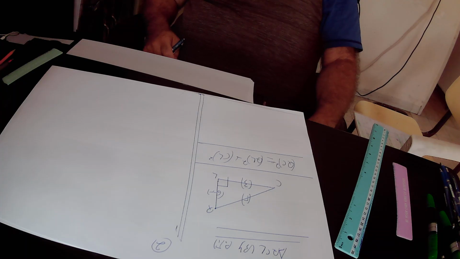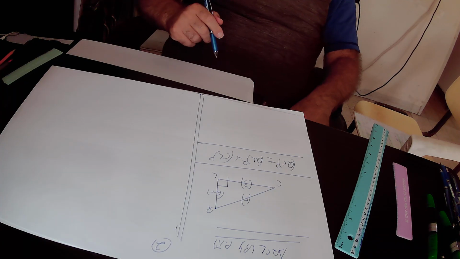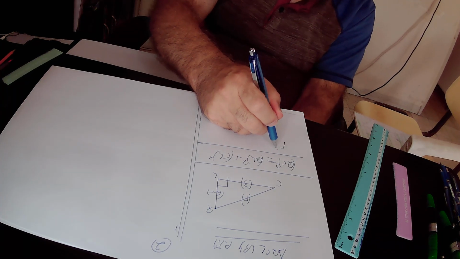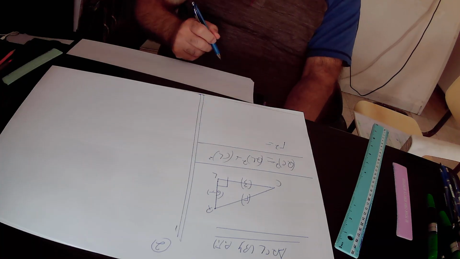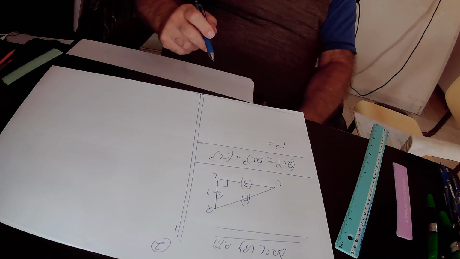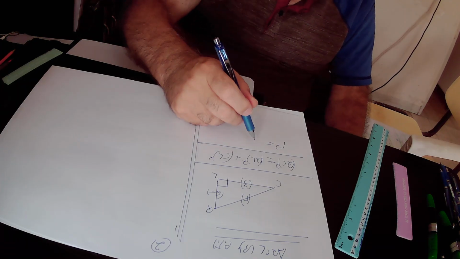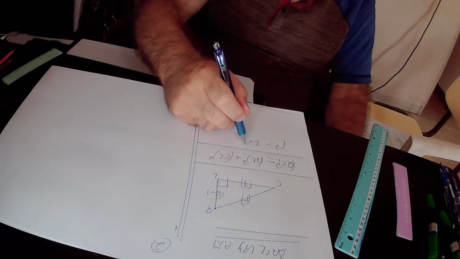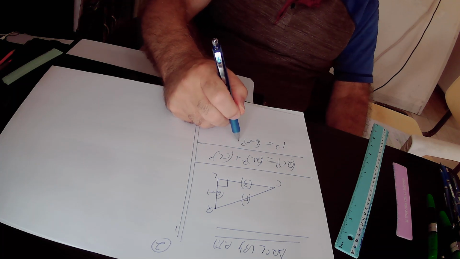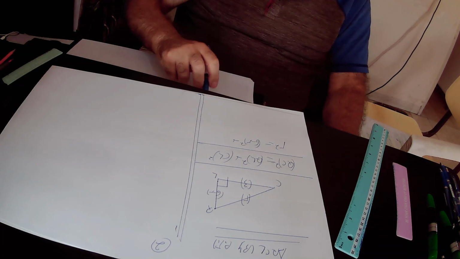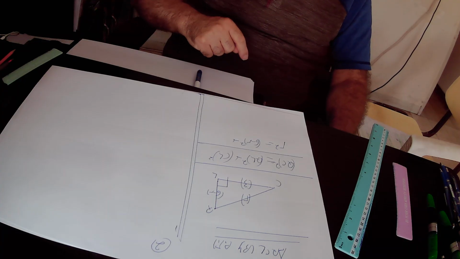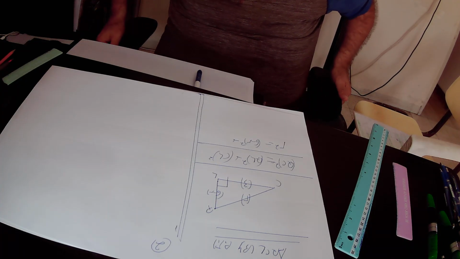QC is R, therefore QC squared is R squared, equals QL squared. QL is 6 minus R, therefore QL squared is (6 minus R) squared, plus CL squared. CL is 3, therefore CL squared is 3 squared, that is 9.